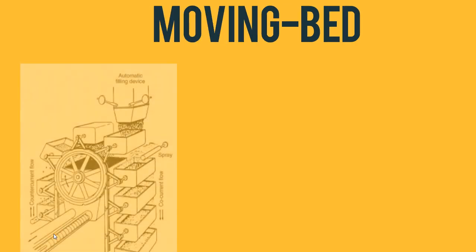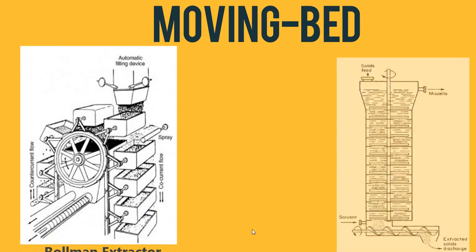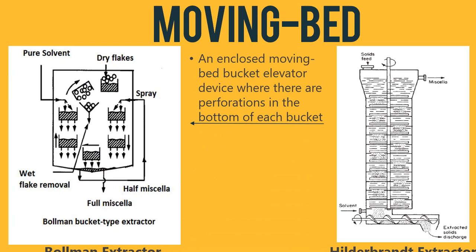Now we can have a moving bed in the case of the Bollman extractor and the Hildebrand extractor. This time it is the bed that has the solid that moves. In the Bollman extractor, an enclosed moving bed bucket elevator device is employed where there are perforations in the bottom of each bucket.